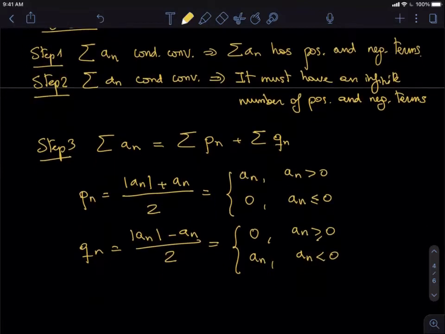What we are doing effectively is whenever we see some negative term, we replace it by a 0, and that produces P_n. And in the case of Q_n, whenever we have a positive term, we make it 0.